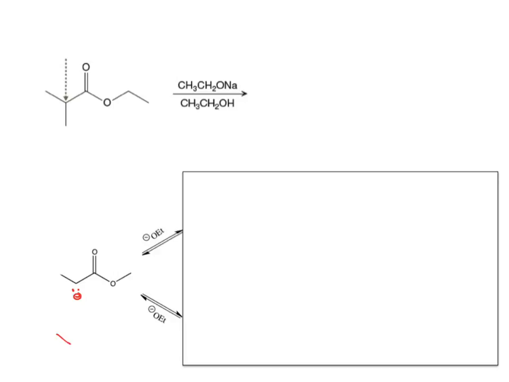We can then do our nucleophilic attack. We have our intermediate, right? Then what happens? Electrons come back down, kick out the leaving group, and we'd end up with a possible product.